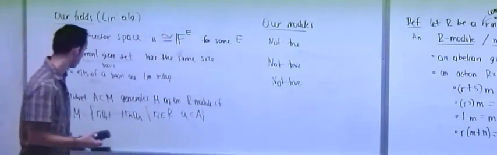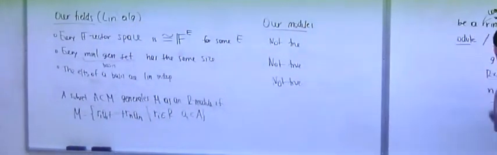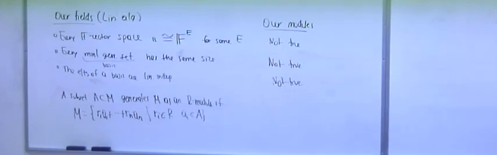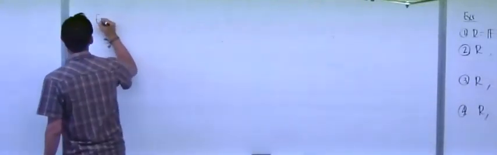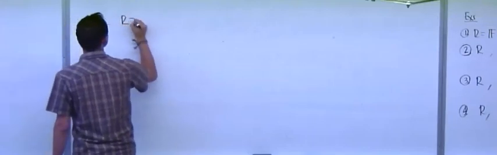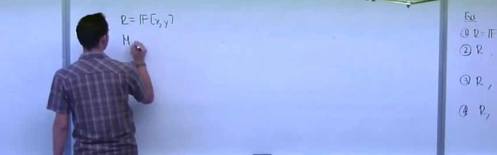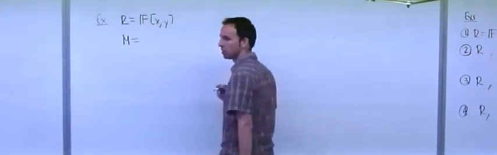Okay. So let me give you a quick example of this. Let's consider the polynomial ring in two variables. And let's consider the module, which is the ideal of polynomials of degree greater than or equal to 2.